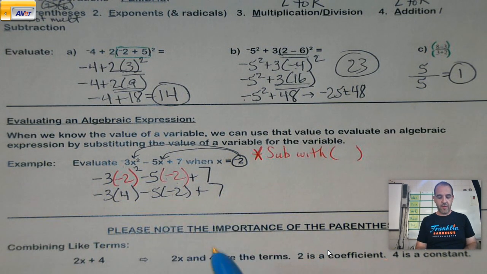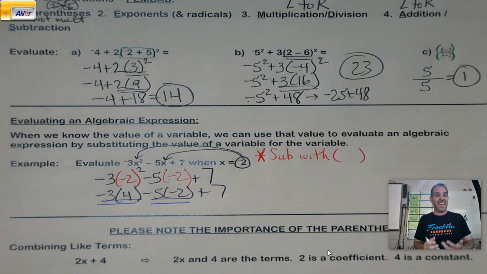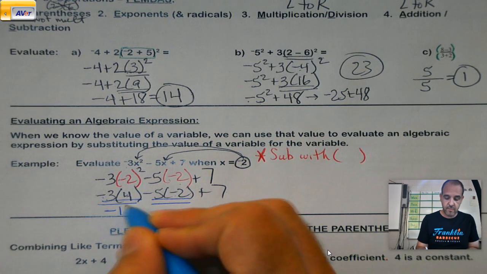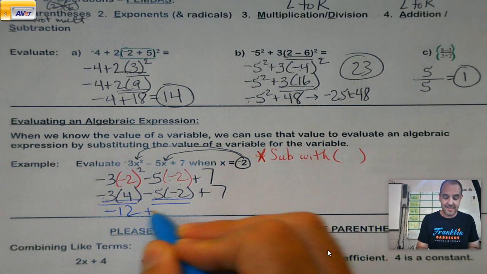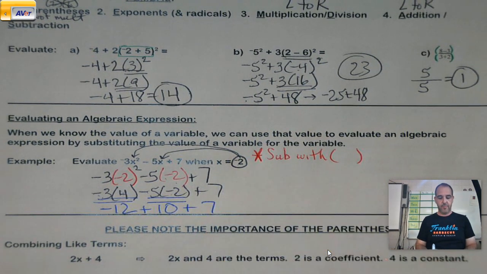Well, multiply is first. If you want to do 2 steps when it's the same concept, when it's the same mathematical expression, I'm okay with this. -3 times 4 is -12. -5 times -2 is +10 plus 7. And now, since it's all addition, we're just going to go left to right.